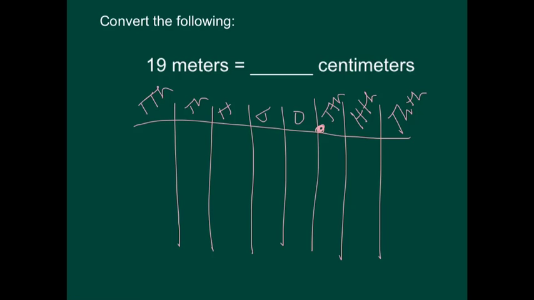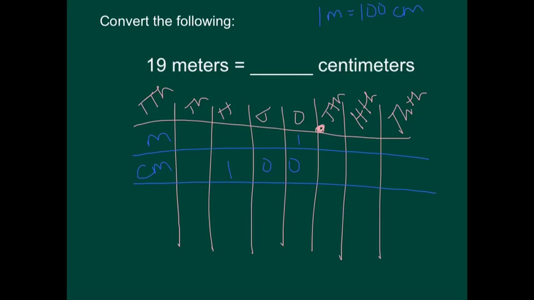Now I'm going to set up my conversion first. And I know that 1 meter equals 100 centimeters. So, my first line will be for my meters, and I'll put 1 meter in there. Then, I'll have my centimeters, 100 centimeters.